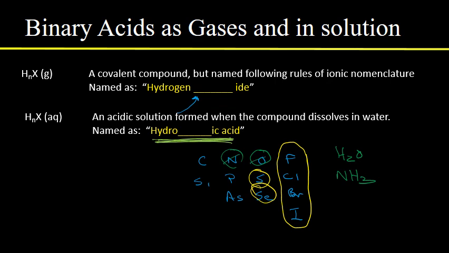Same thing is true of PH3. We haven't talked about this, and you don't need to memorize it, but PH3 is called phosphine, so that one also would not be considered an acid. So really, for these binary acids, it really is just the halogens and sulfur and selenium. It's just those 6 different elements that we're concerned with here.